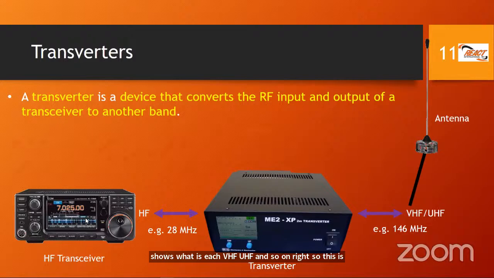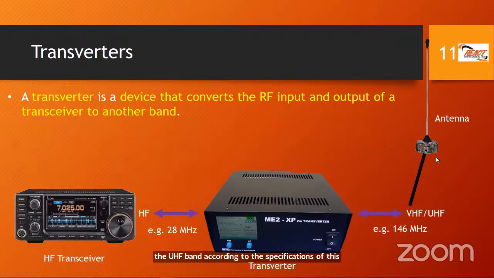But if we were to add an accessory device called a transverter, then we are able to access other frequencies using the same transceiver. And what a transverter really is, is a converter device. So while our transceiver only speaks HF frequencies, we're able to get on and operate on the VHF and maybe the UHF band according to the specifications of this device called the transverter.